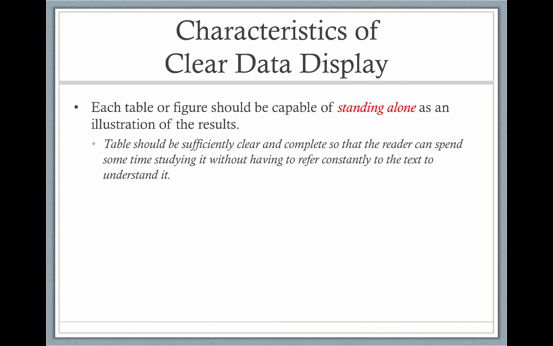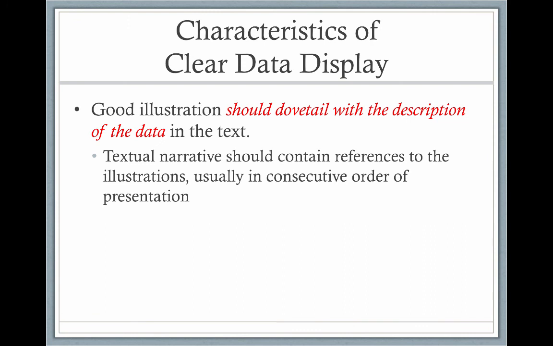Each table or figure needs to be capable of standing alone as an illustration of the results. Tables should be sufficiently clear and complete so that the reader can spend time studying it without having to constantly refer back to the text to understand it. They should dovetail together.